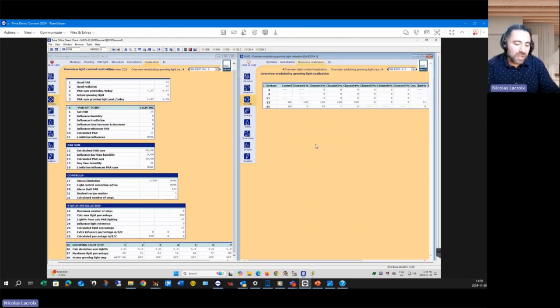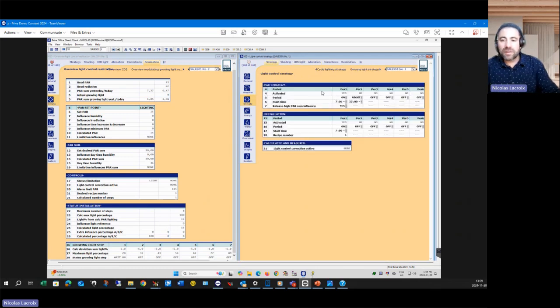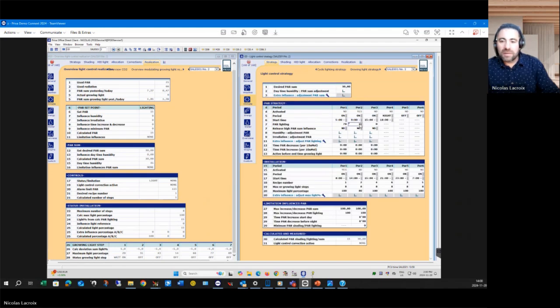So if we increase a bit more here in my light control strategy, if I ask now 34%, it should change here the power lighting, to calculate the power lighting percentage as well.